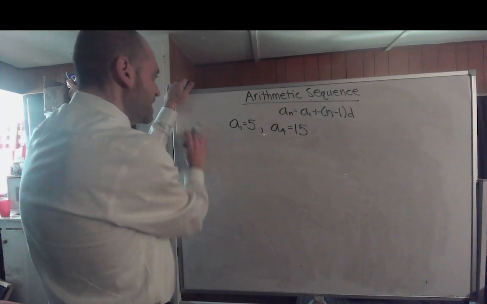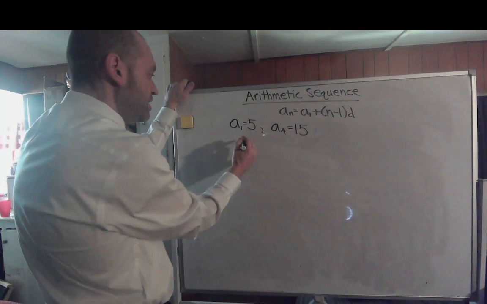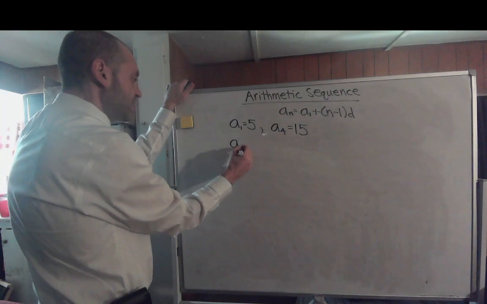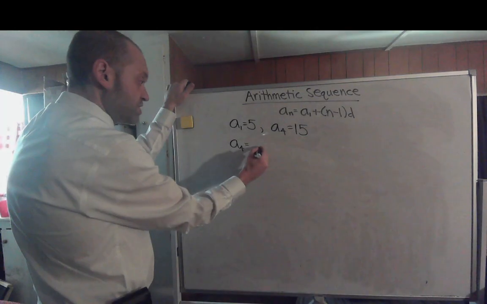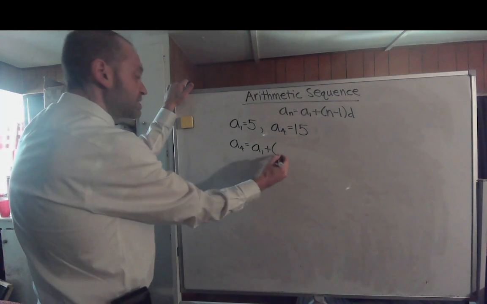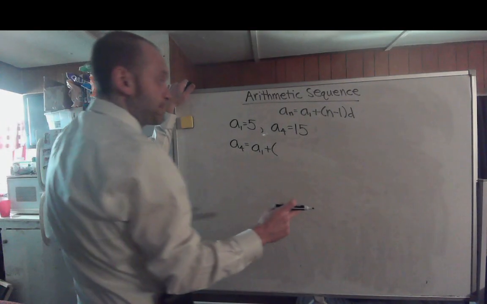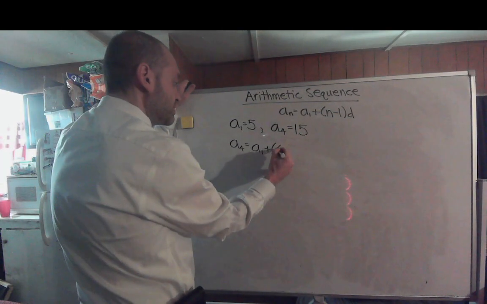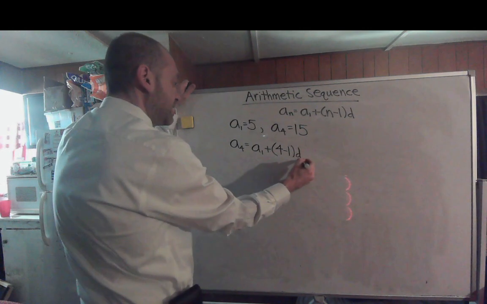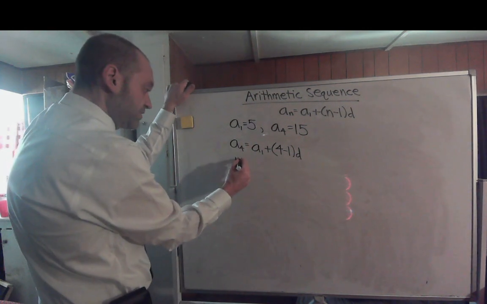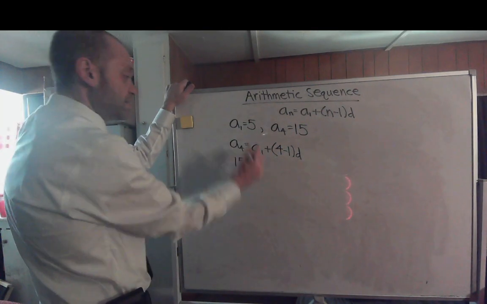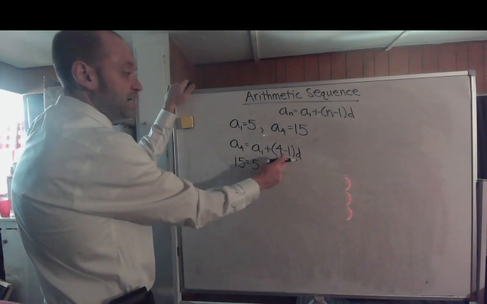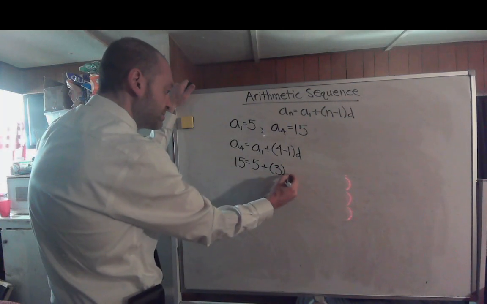So a sub 1 equals 5, but we can use this as a system of equations because we're trying to find a sub 4, which is going to equal my a sub 1 plus, n in this formula is the number of term I'm on, so this would be 4 minus 1 times d. Well, a sub 4 they give us is 15. That equals my a sub 1, which is 5, plus, if we simplify that 4 minus 1, that's 3 times d.